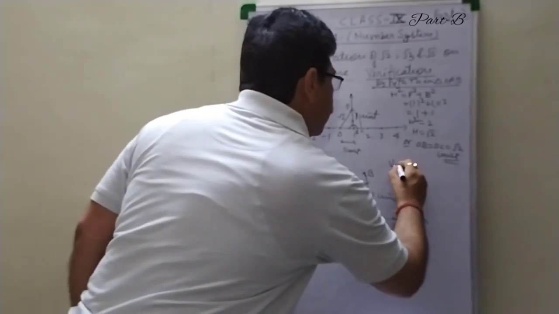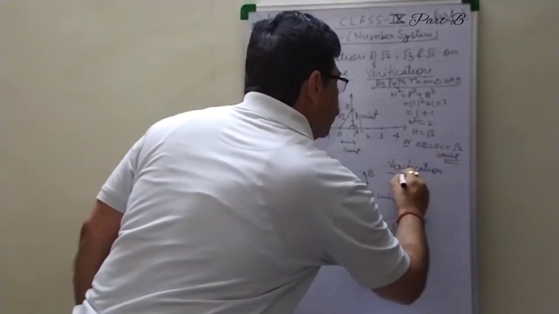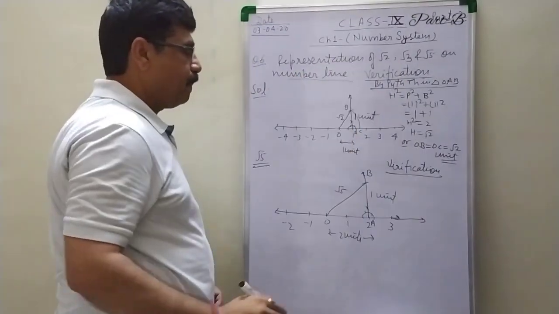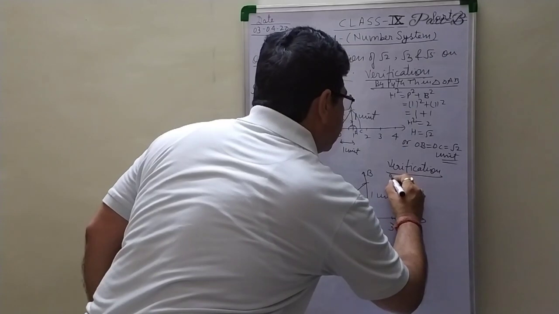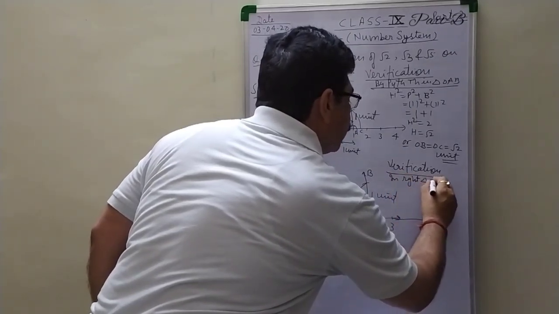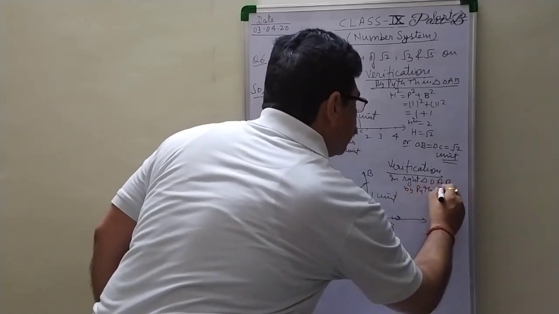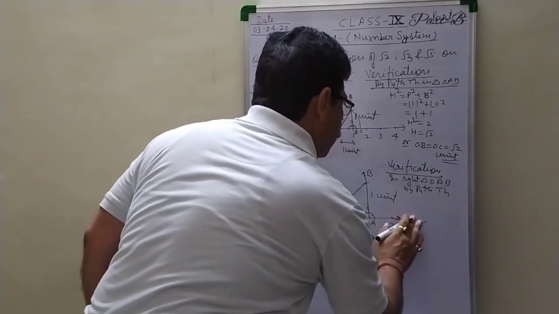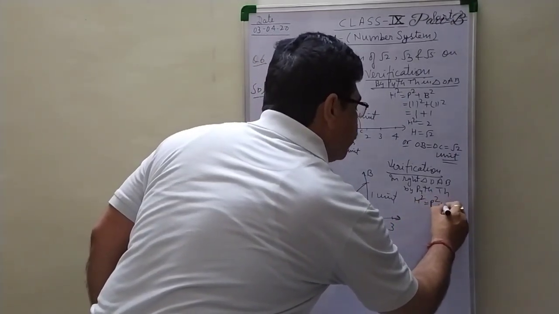Verification. Just like this, in right triangle OAB, by the Pythagoras theorem, h square is equal to p square plus b square.